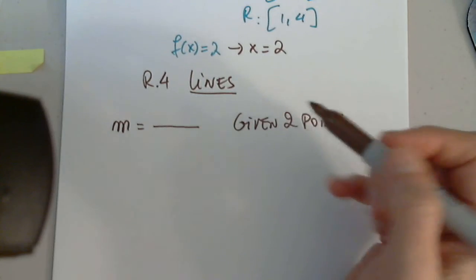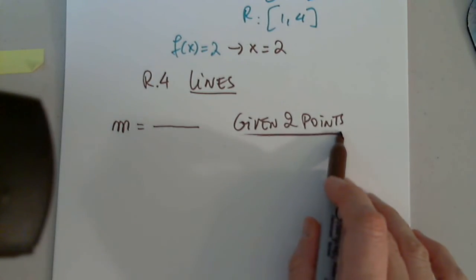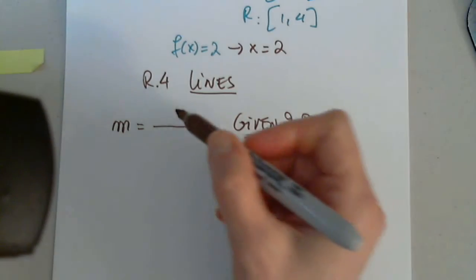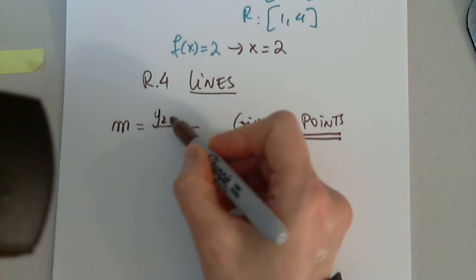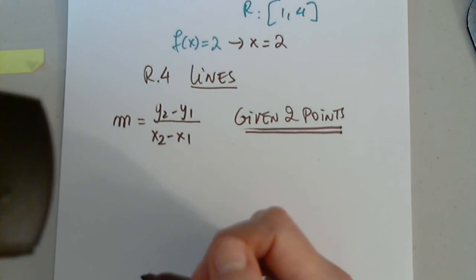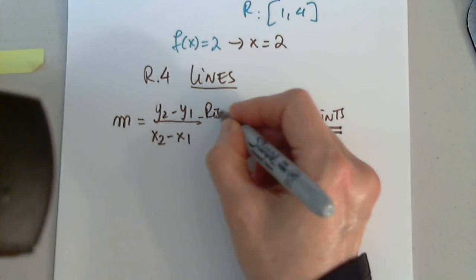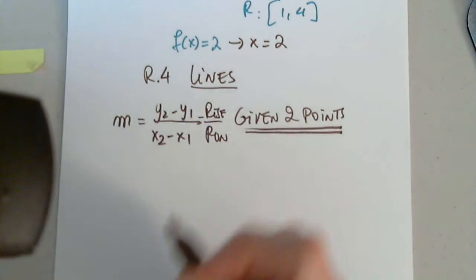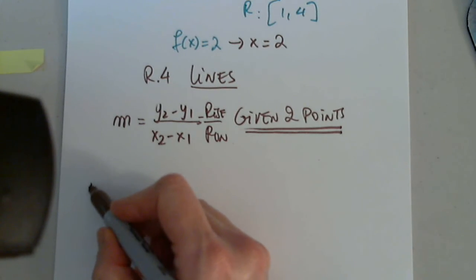That's a very good point. Given 2 points, I like to write a definition. Okay, so y2 minus y1 over x2 minus x1. Excellent. Or a rise over run. Very good, indeed. Rise over run. Perfect. So now we have 2 equations of a line.